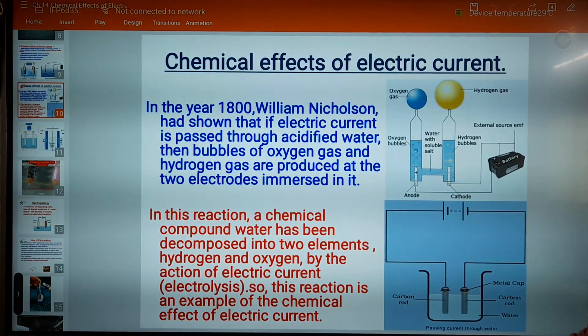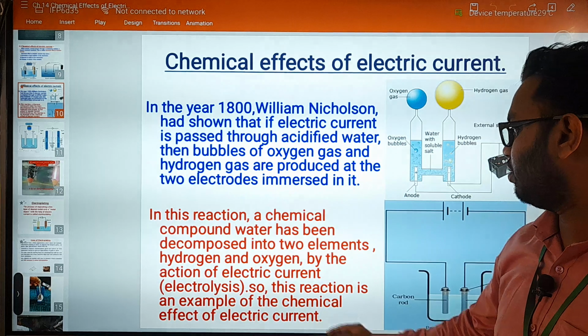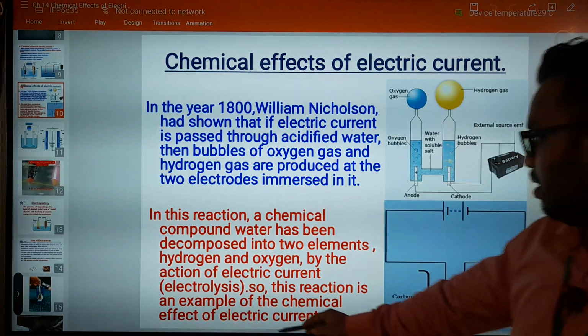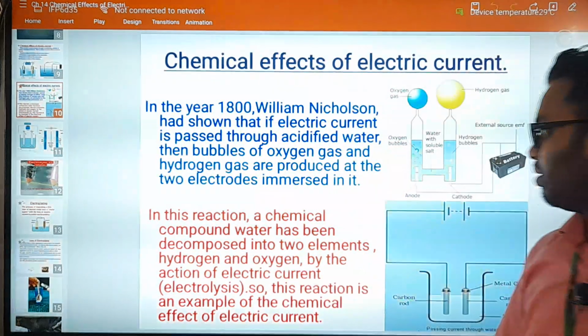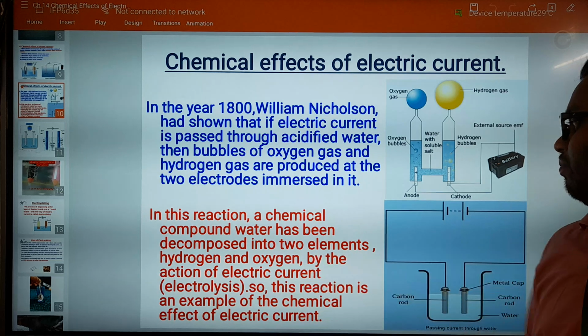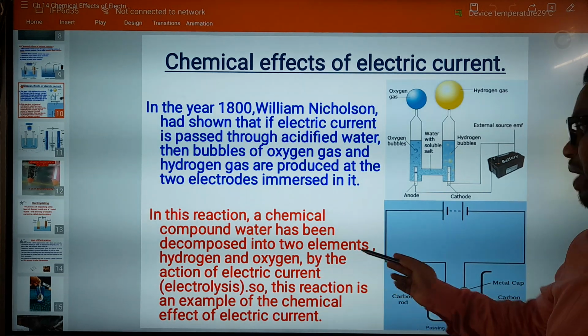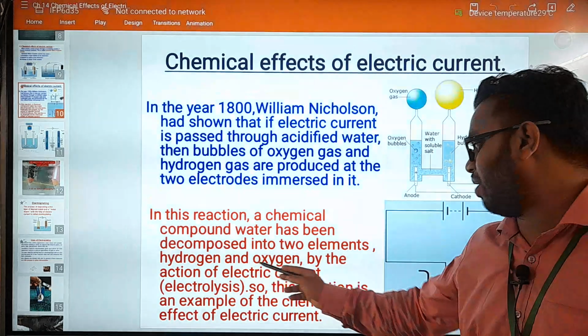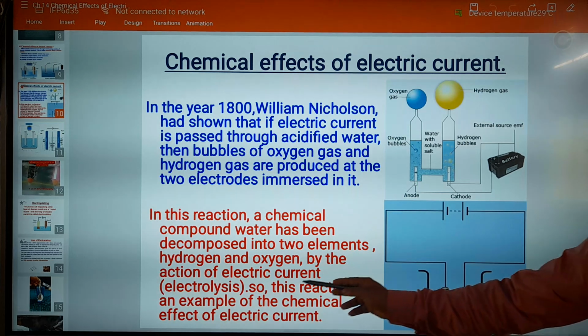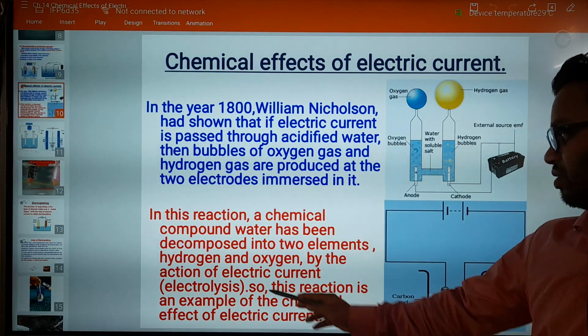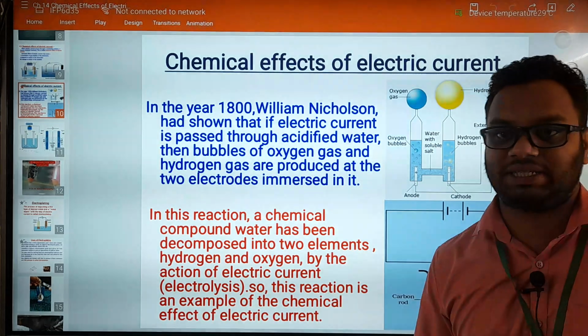See here, electrolysis. A chemical compound, water, has been decomposed into two elements, hydrogen and oxygen, by the action of electric current. This is called electrolysis.